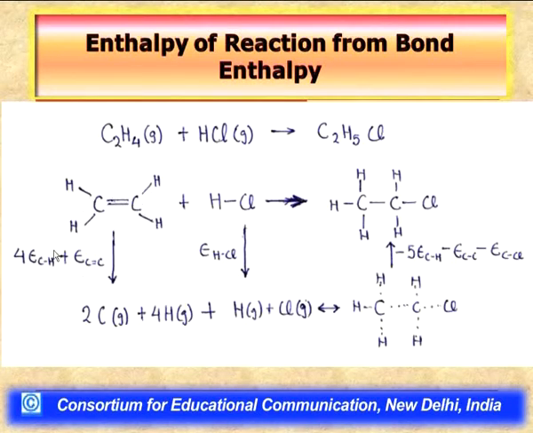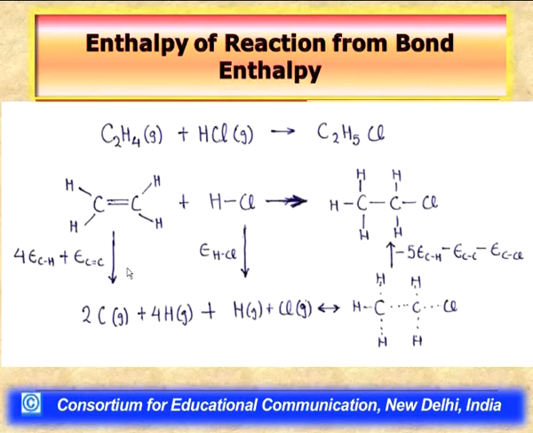You can very easily see that the enthalpy involved in this decomposition is 4 times the bond enthalpy of the C-H bond, along with the bond enthalpy of 1 carbon-carbon double bond. And in order to decompose HCl into hydrogen and chlorine atoms in the gaseous state, we also need to provide heat corresponding to the bond enthalpy of the HCl bond.